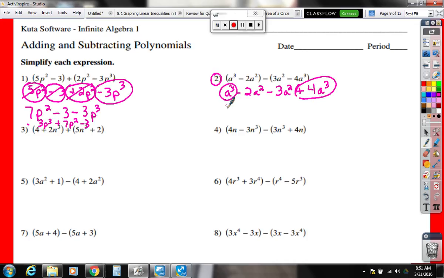Good. 5a to the third. Courtney, what next? Okay, and I get? Good. And is that in standard form? Yes, good.